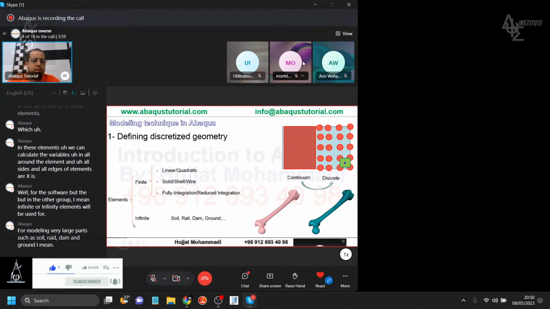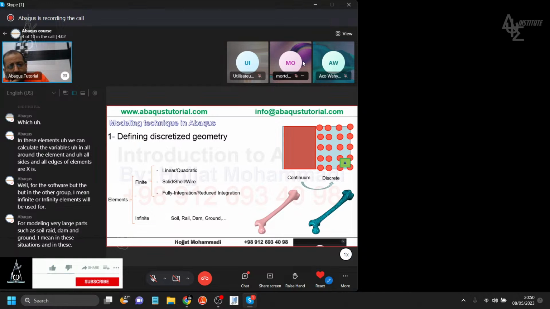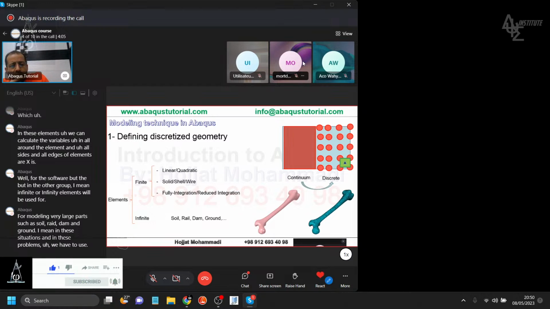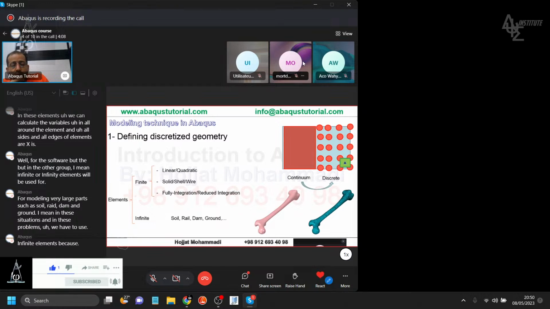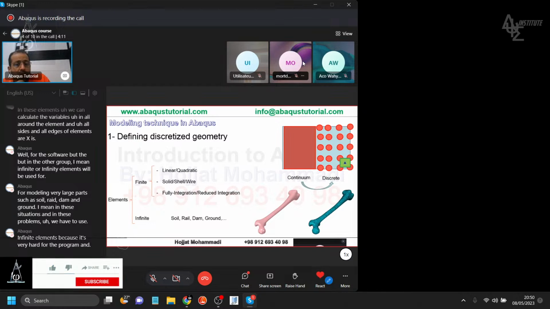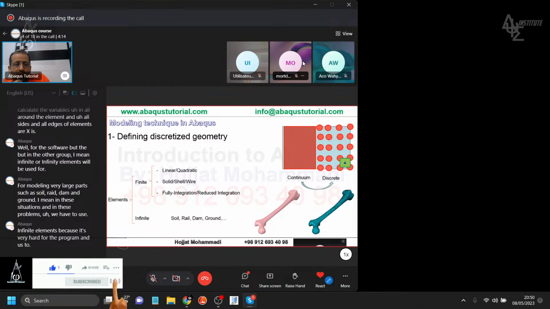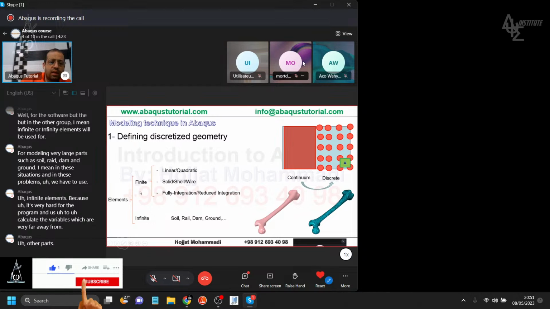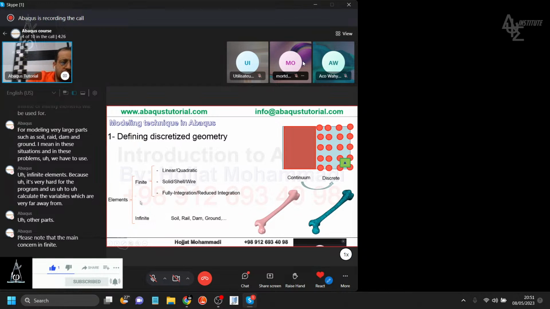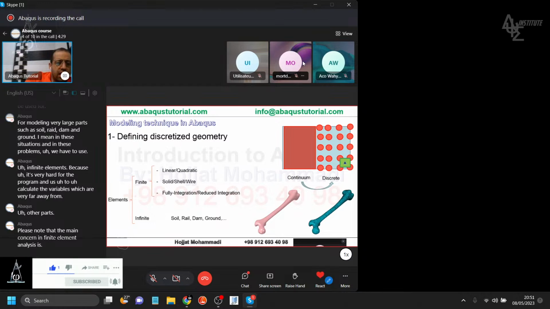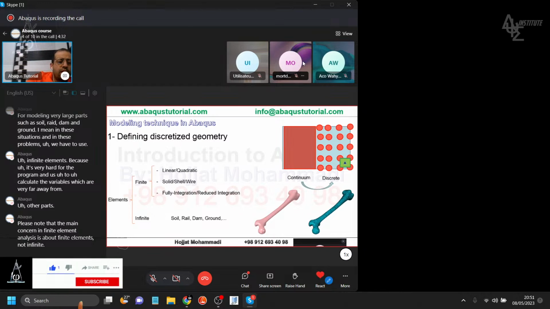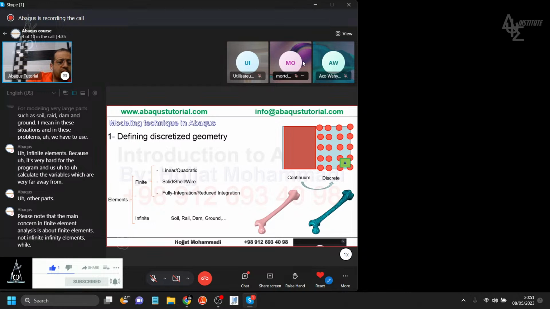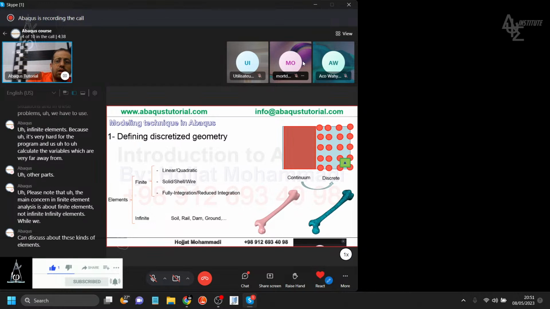I mean, in these situations and in these problems, we have to use infinite elements, because it's very hard for the program and us to calculate the variables which are very far away from other parts. Please note that the main concern in finite element analysis is about finite elements, not infinity elements, while we can discuss these kinds of elements in our session.